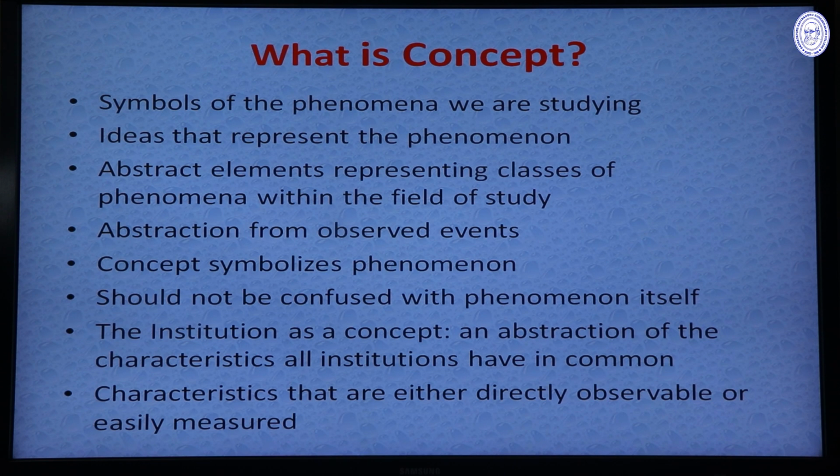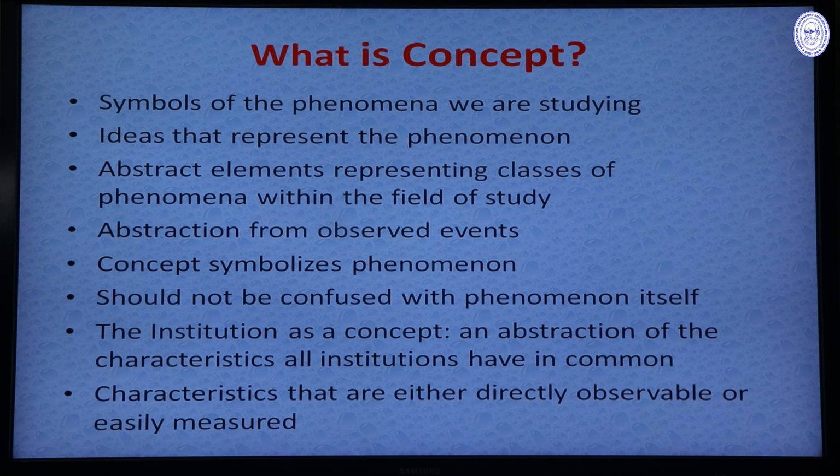So we come across the institutions, we observe the institutions, and then we abstract or extract certain common characteristics of all those institutions, and in this way we can form a concept of social institution. These characteristics may be either directly observable or easily measured.